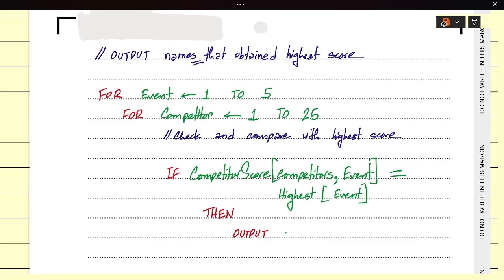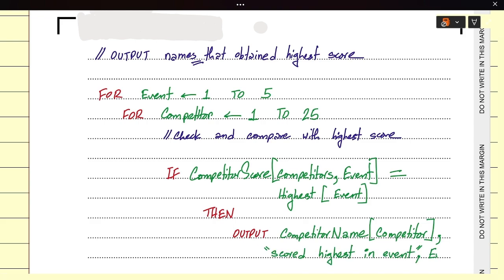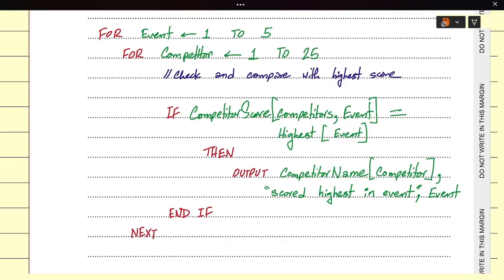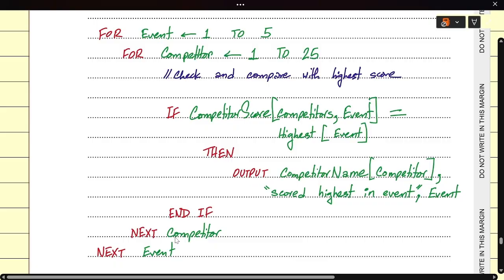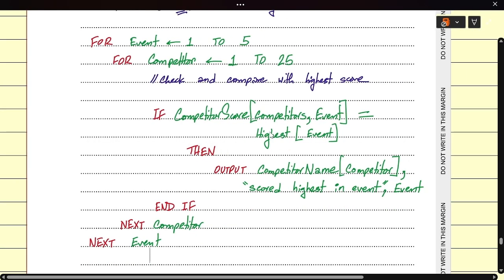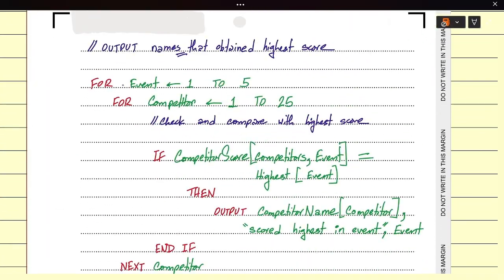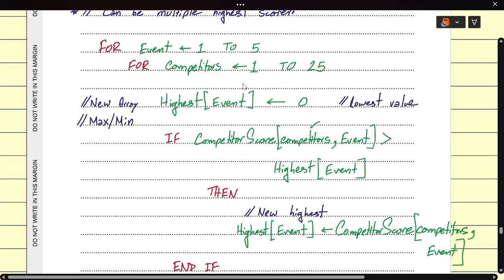If the highest score that we have already found in the second requirement is equal to the competitor score stored in the array, তাহলে আমরা output করব the competitor name who scored the highest in the event, and the event variable. So event 1 এর জন্য হলে highest scored in event 1, second event হলে highest scored in event 2. And let's close off the if statement and the for loops. This is requirement number 3.